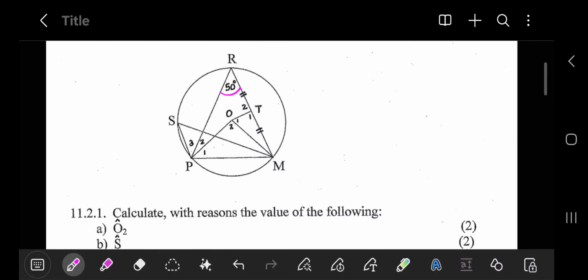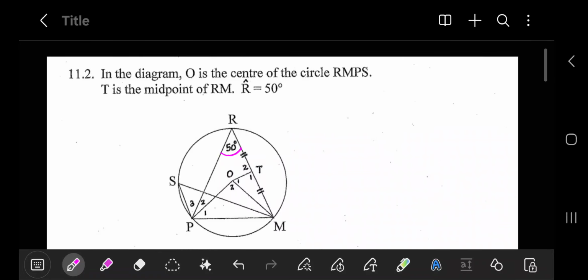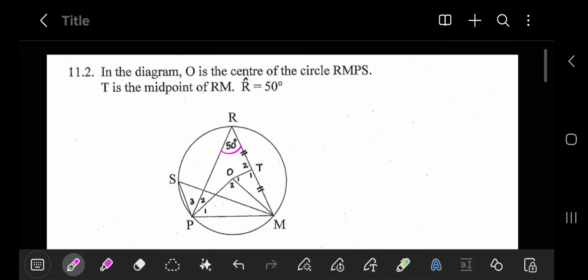Firstly, it says calculate with reasons the value of the following. So the first angle we are looking for is O2. Now what I want you guys to notice is that points P and M subtend O2, and O2 is at the center of the circle. P and M also subtend angle R, which is on the circumference.